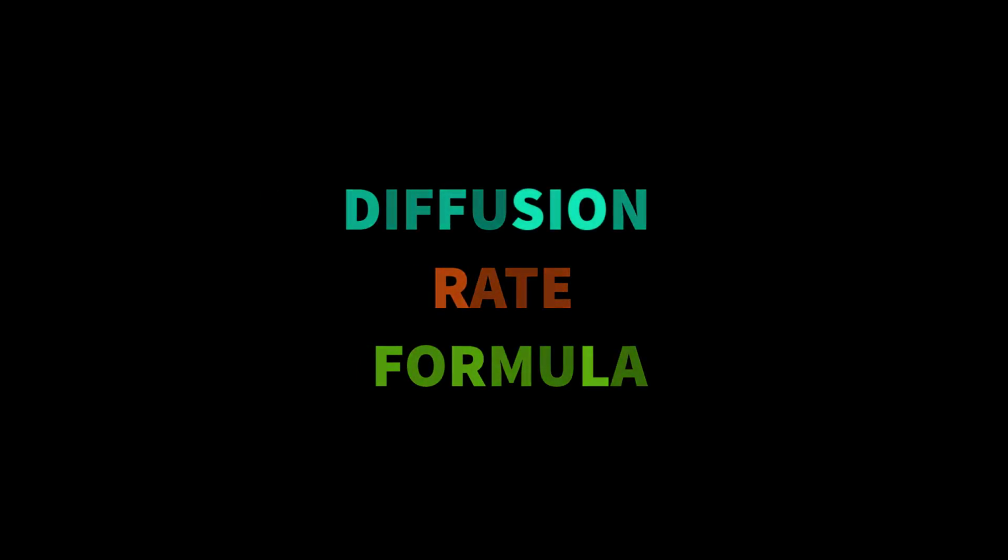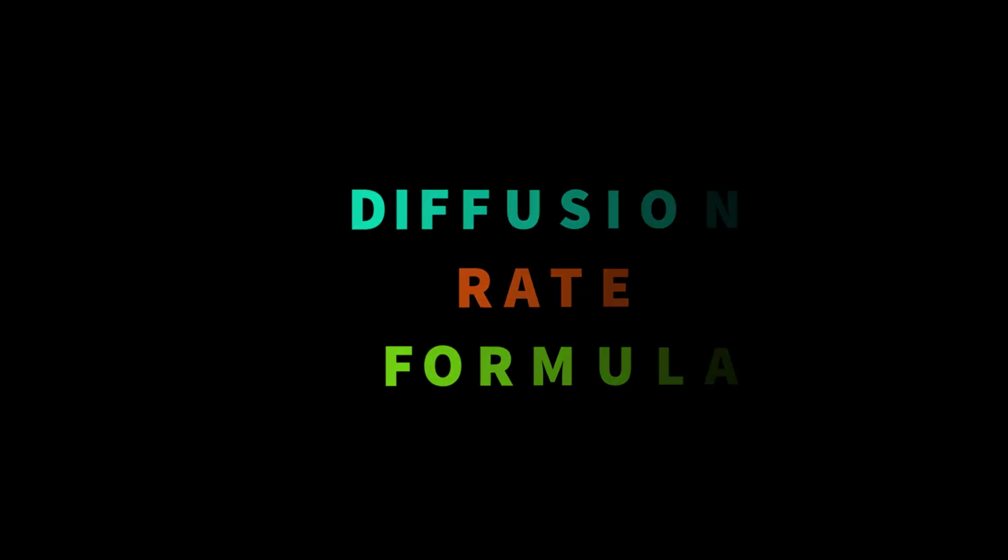Dear students, today we will learn the formula of diffusion rate with tricks, and we will also learn how to apply this formula. At first, look at the diffusion rate formula.